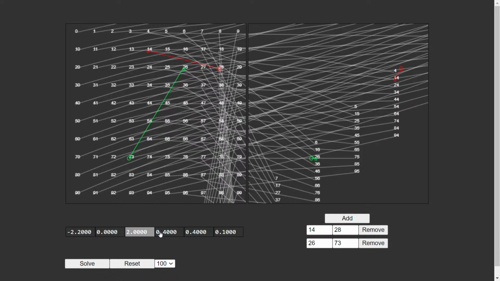And so if you add a third point, clearly at some point you're going to have too many points and you can't fit it.